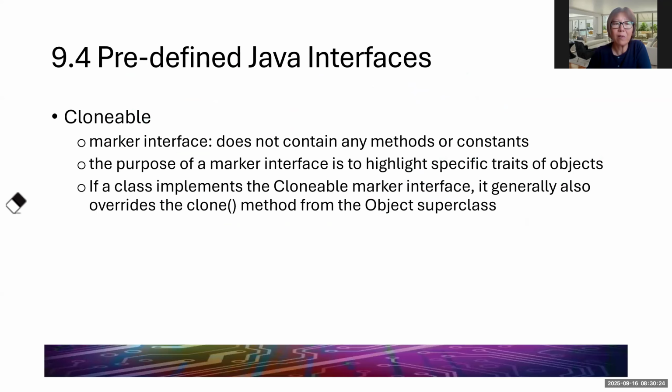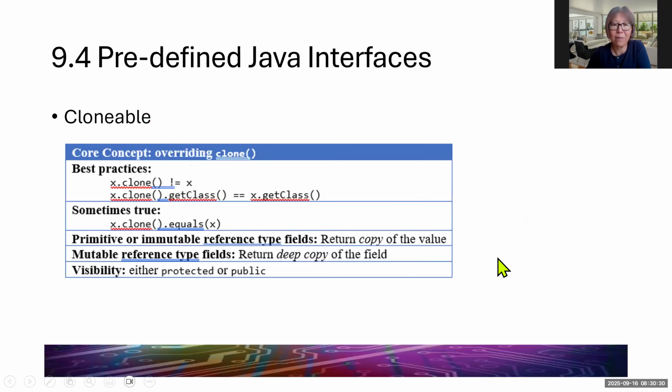The clone method comes from the Object superclass. So generally speaking, if your class implements the Cloneable interface, you need to override the clone method.